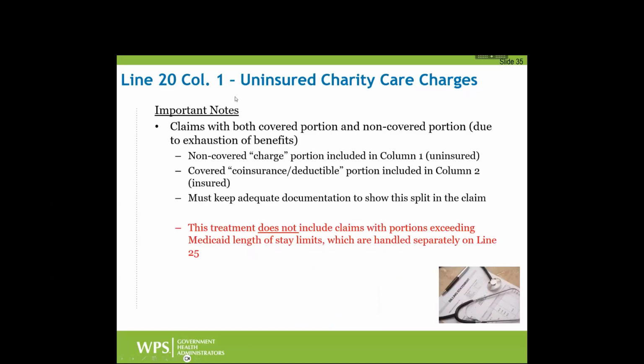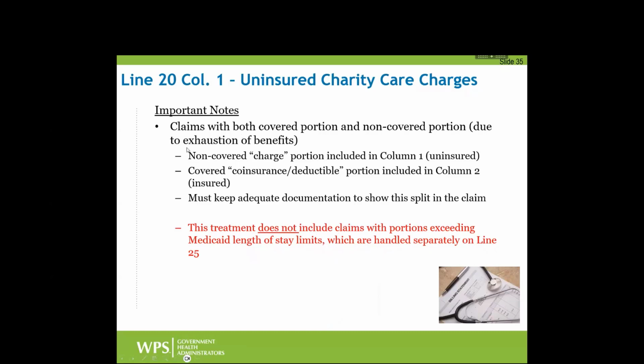Now, the other thing in column 1, if you have a claim that had exhausted benefits, now other than that exceeding length of stay limit, technically that's an exhaustion of benefits as well, but it's treated separately for some really unknown reason. I've never been able to get an answer why they felt that was so different.